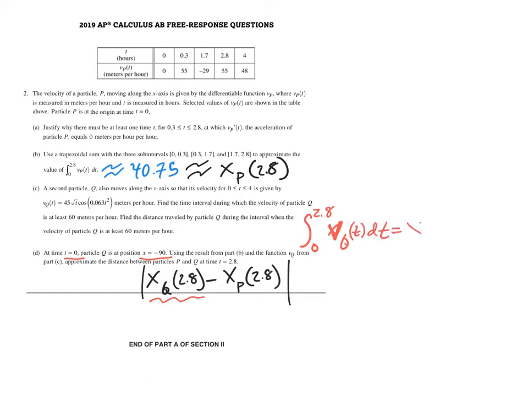Wouldn't this equal position, because it's the fundamental theorem of calculus, particle Q at 2.8, which is what we want, minus the position of particle Q at 0? Well, they already told us some of that. Remember, that position is negative 90. So if I plug that into my equation, I would have x of Q of 2.8 minus negative 90, or that would turn into a plus 90. That is going to equal this integral.